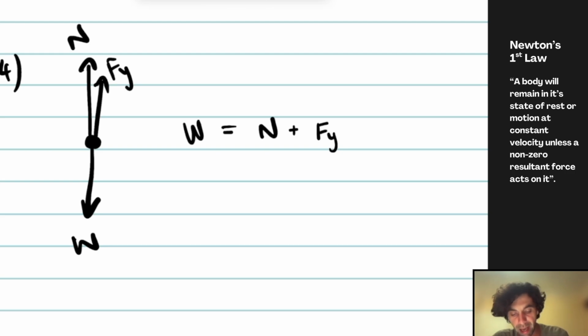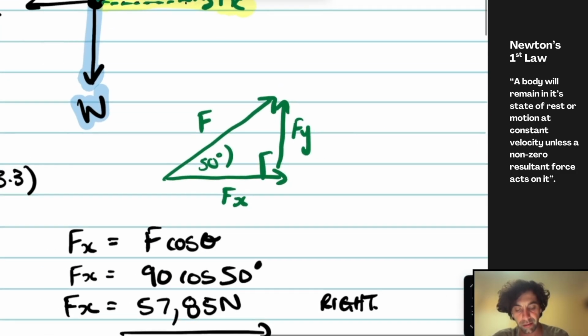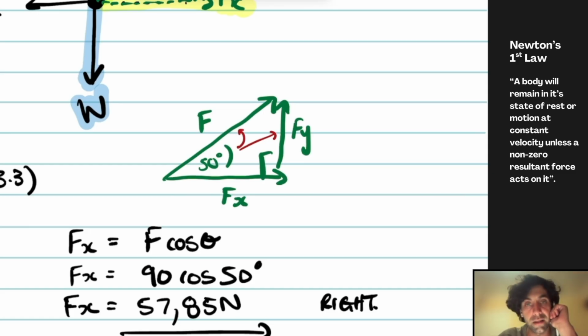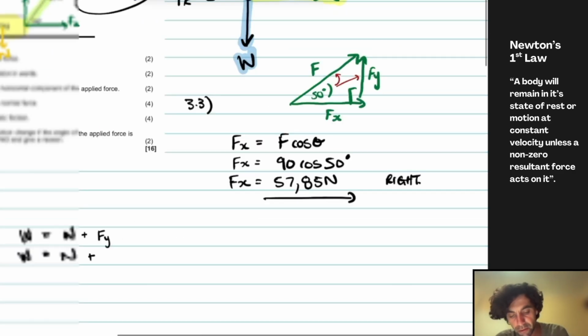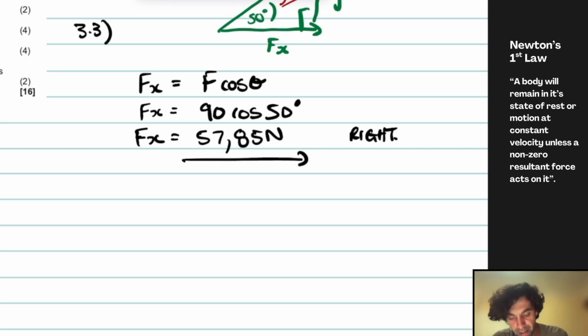Now what is the Y component of your applied force? Well, if we go back to our little triangle here for our applied force, this component here is opposite of our 50-degree angle, and our force itself is the hypotenuse. So I'll do it over here in red: Fy is equal to F sine of theta.